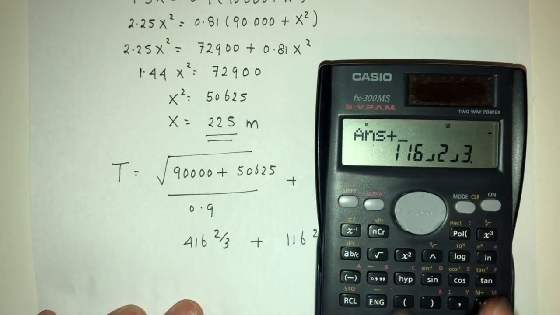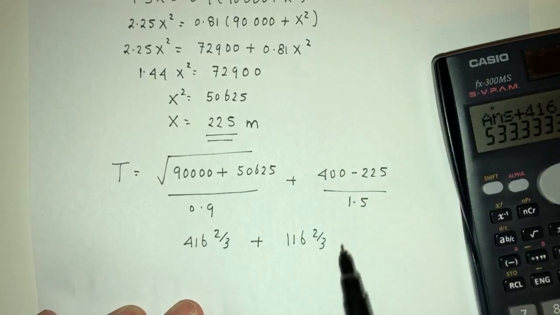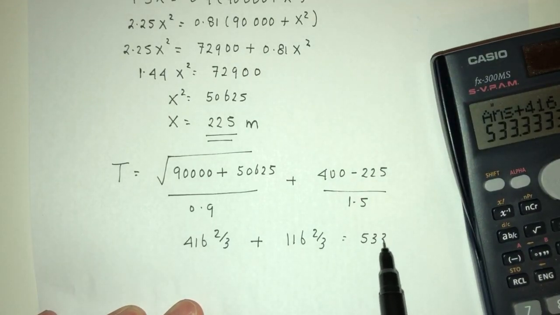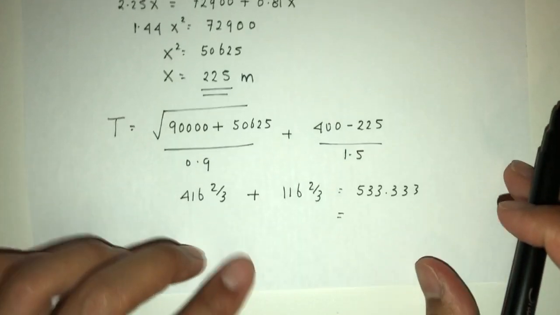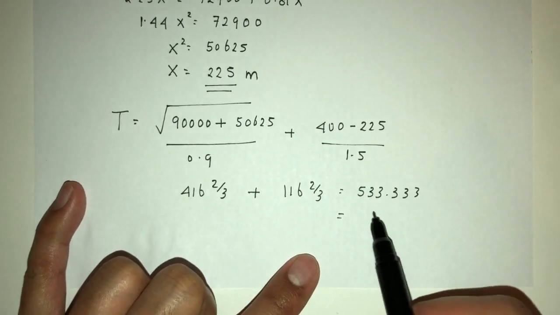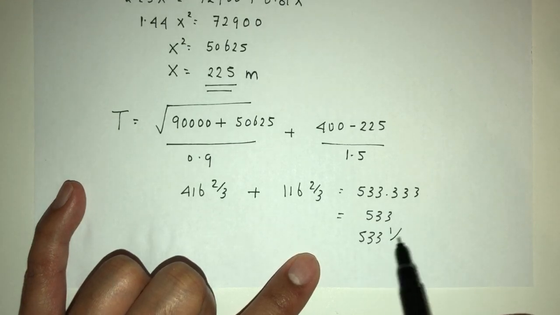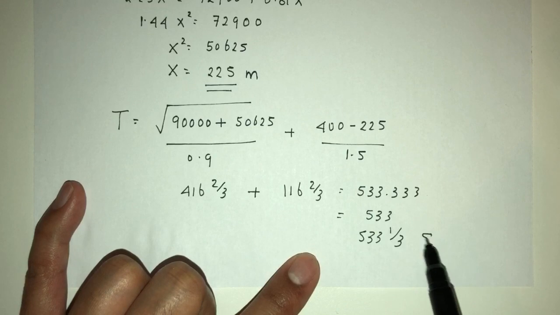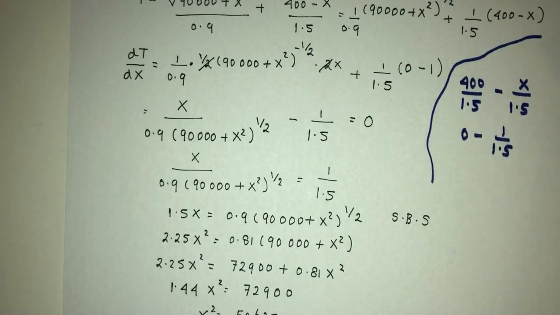So this plus the first answer, 416 2/3, that will give me 533.333. You can write up to three significant figures, which is 533, or you can write 533 1/3 as the exact value, that is seconds for time. That will be question number 9.